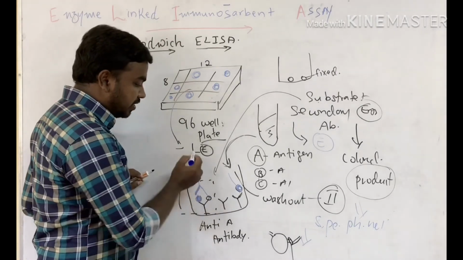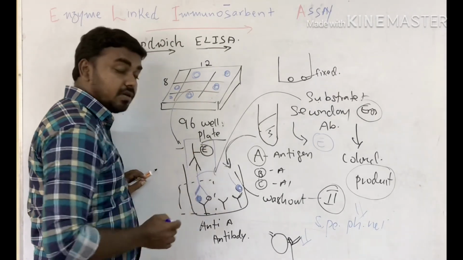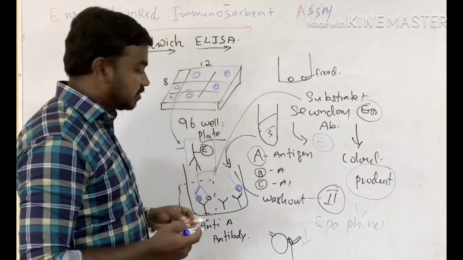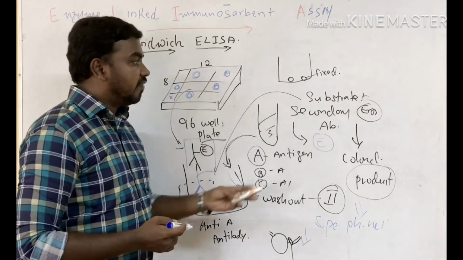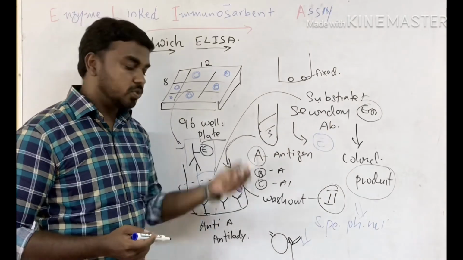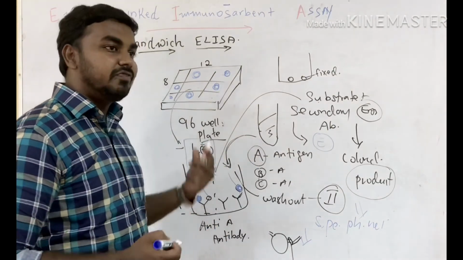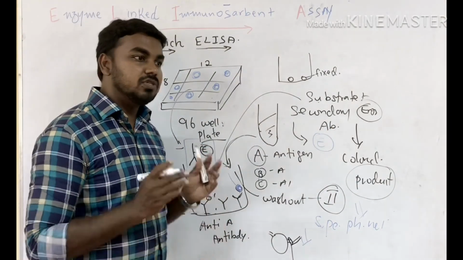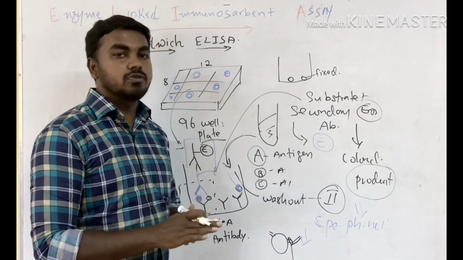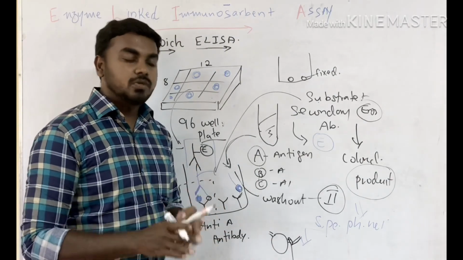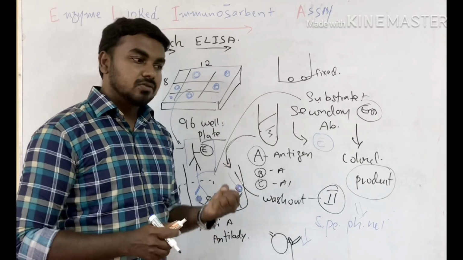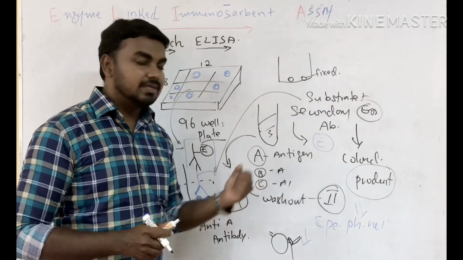Then we use enzyme-linked antibodies to quantify by using the substrate. Once we add the substrate, it will react and produce some colored product. Using those colors, we use spectrometry, through which we can easily analyze quantitatively and detect.